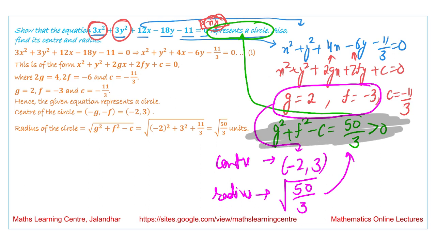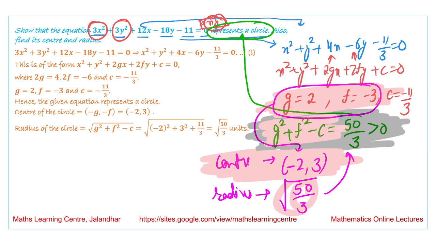This is the condition, and we have proved that it represents a circle. Then by using the values of g and f, we have calculated the center, and finally by using the value of g square plus f square minus c, square root, we say the radius of this circle is square root of 50 by 3.